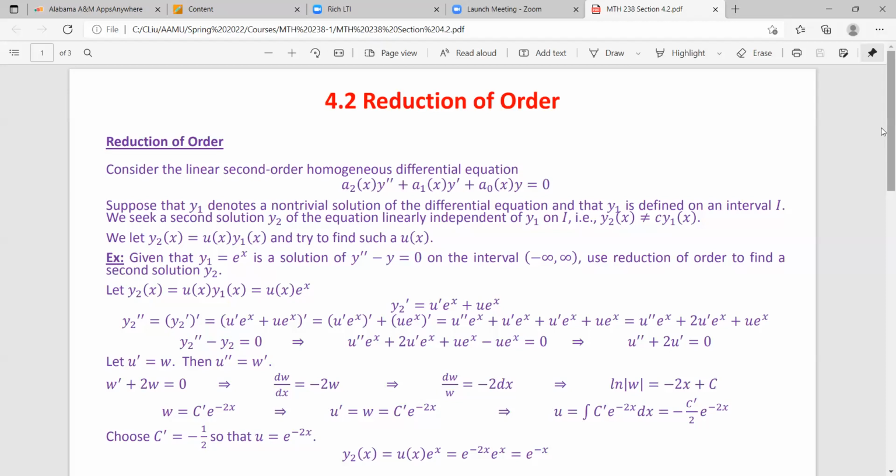Okay, and that will give us two linearly independent solutions. So then essentially we solve the whole equation.